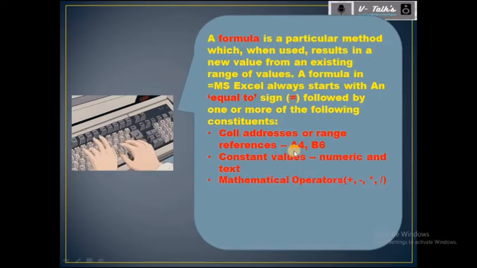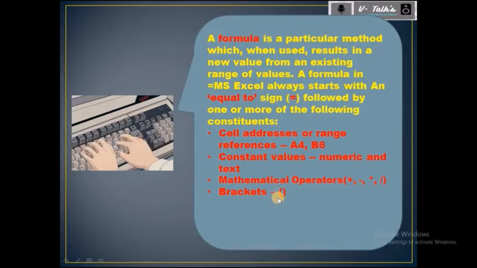Then mathematical operators. Of course, a formula will have mathematical operators like plus, minus, star, slash, or finding the percentage or the exponent, etc. And there will be brackets, known as parentheses. So you can use parentheses also.